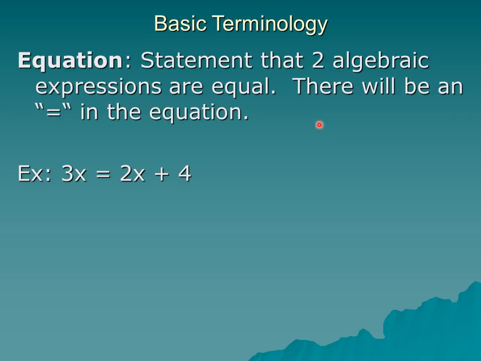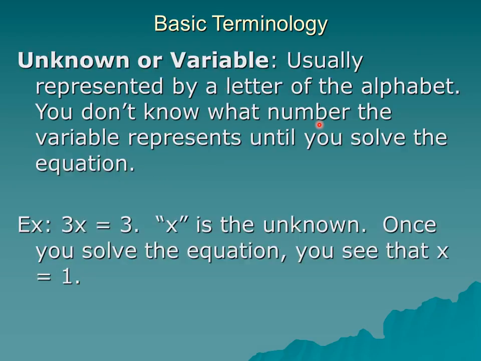Again, in an equation, you have two different expressions on both sides of the equal sign. Both of the expressions will have numbers. They might have x, y letters, which are also called variables, and operators like plus, minus, multiplication, division, power, root, all the different powers.